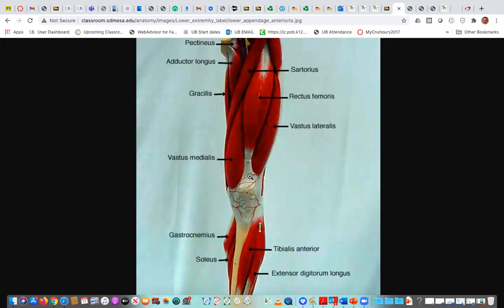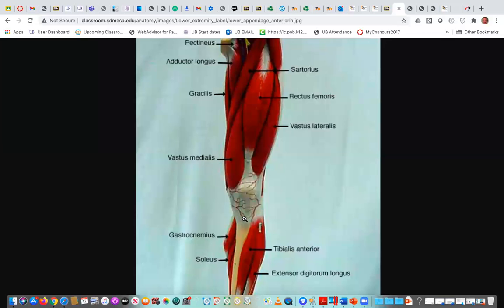We know that muscles attach to bones by way of tendons. So up here, going from these muscles to the patella, this is the patellar tendon. So what is it called when it goes from the kneecap to the tibial tubercle? Because now this is going bone to bone. This is called the patellar ligament, because ligaments go bone to bone.